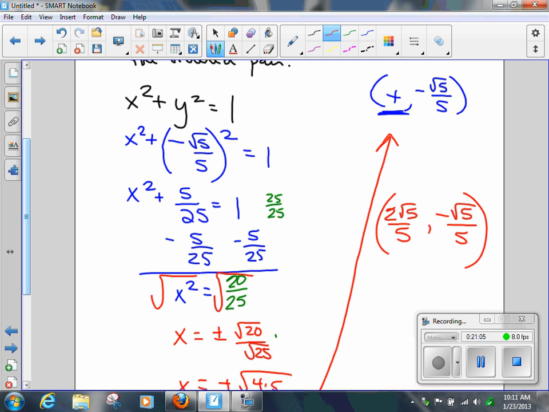Just for kicks, which quadrant is that point in? Positive, 1, 2, 3, quadrant 4, just for kicks. Okay? Do you guys agree with that? Uh-huh. Yep. Yep.